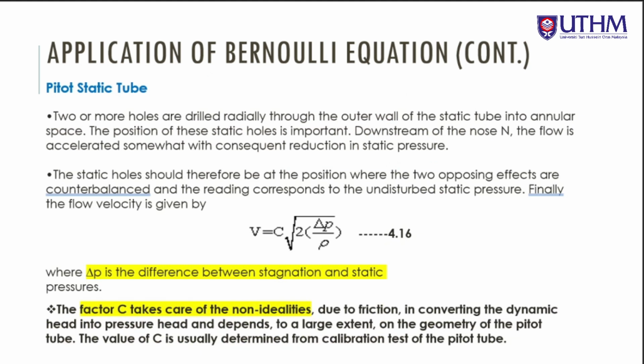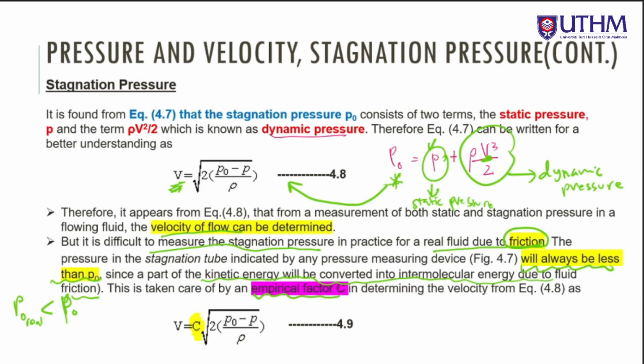So in terms of the equation used, the standard is the same as before. Let me show again when we studied the pitot tube. Yes, this one. In order to find the velocity, we use this equation: V equals the square root of 2 times (P stagnation minus P static) over rho.